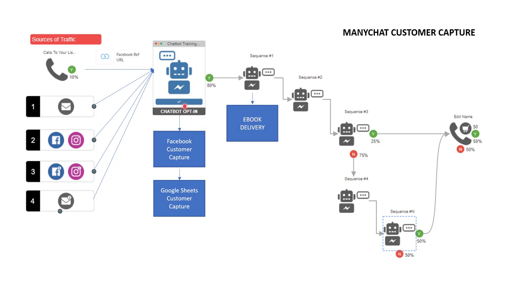So the way that it works is that you do the opt-in for Manychat. Then you do the first message that's part of your message flow. Then you do the second. Then you do the third.